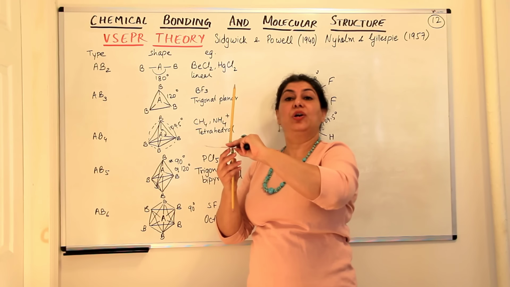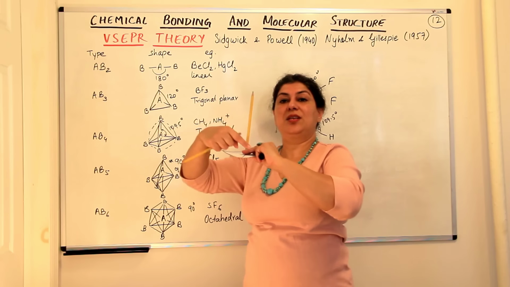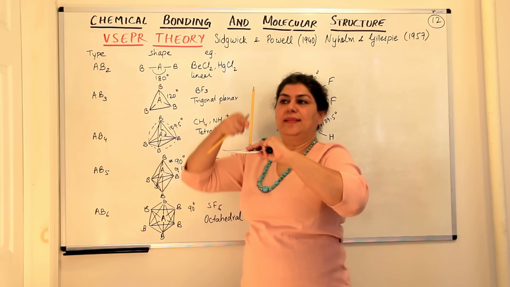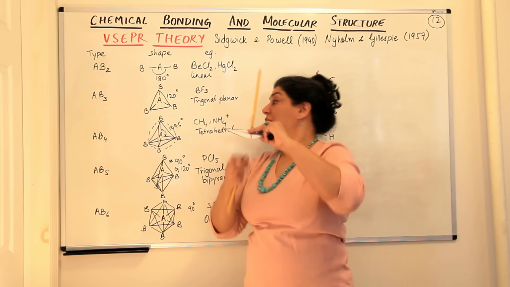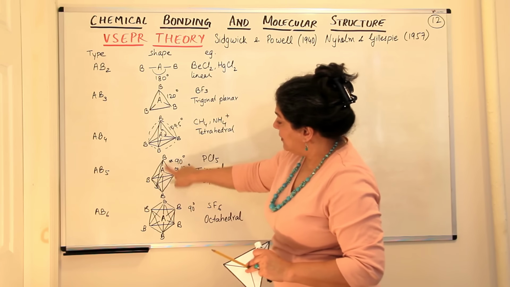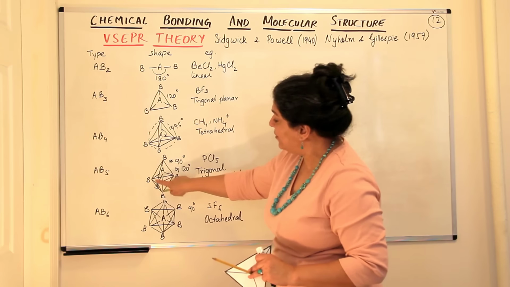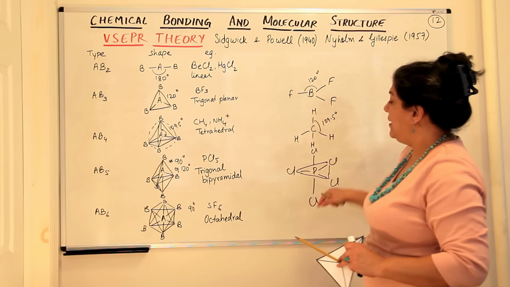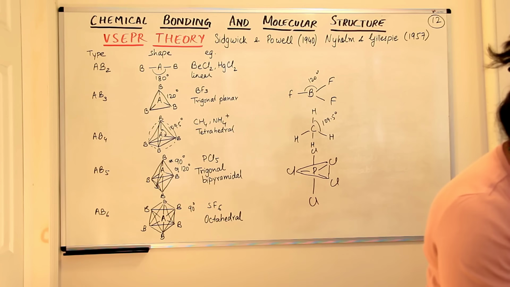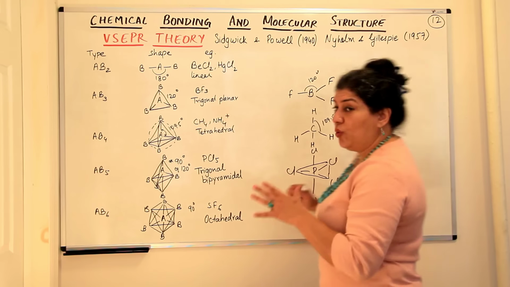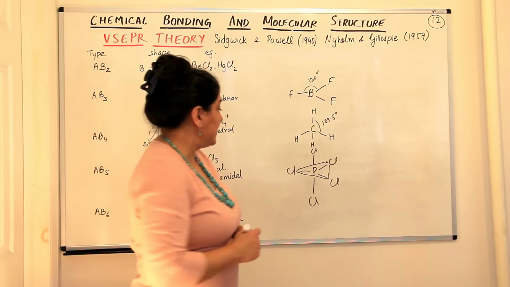If you imagine this to be the globe, these 3 bonds are along the equator, and this is along the axis. These are axial bonds, right? So you have 2 types of bonds here. The straight ones are the axial bonds, and those which fall in the plane here are known as the equatorial bonds.